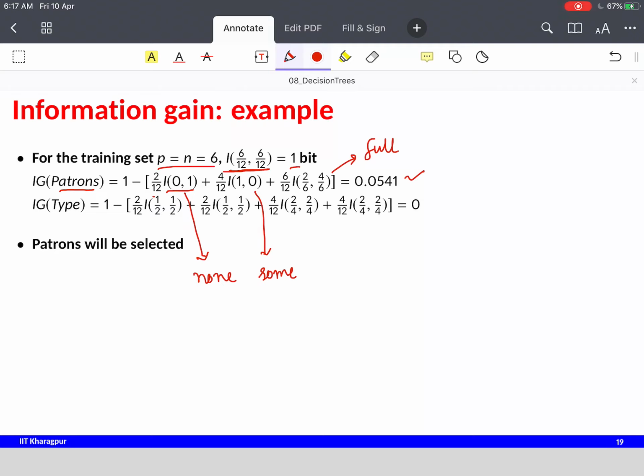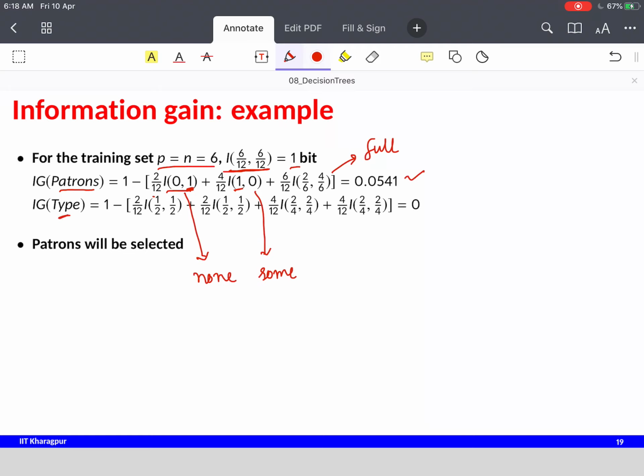So I have 0 positive examples and only negative examples here, and only positive examples here. Therefore the entropy is 0, and I do not have any opposite examples. In this case I have 2 in the positive part, 4 in the negative part.